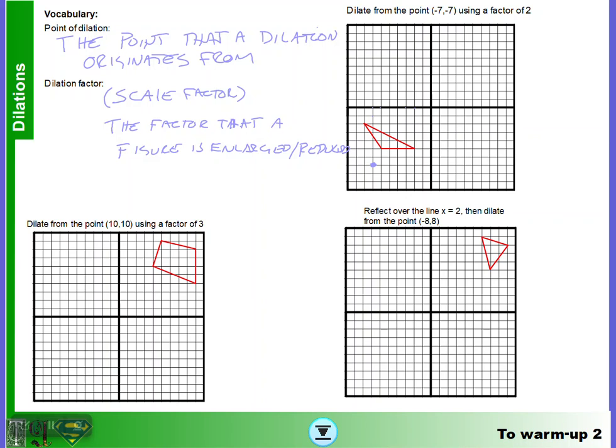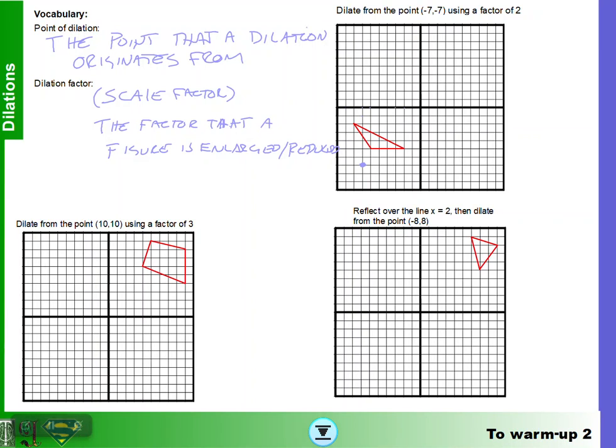The next thing I'm going to do is I like to provide something that I refer to as projection lines. So we are going to create some lines that appear to be coming out of our center point, our point of dilation.